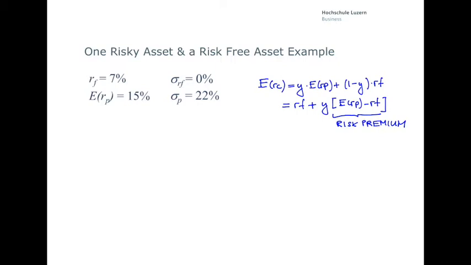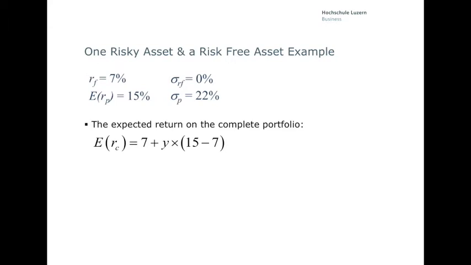This can be rewritten and simplified, so it gives you RF plus y times the risk premium. In our example, this can be rewritten as 7% plus y times the risk premium of 8%.